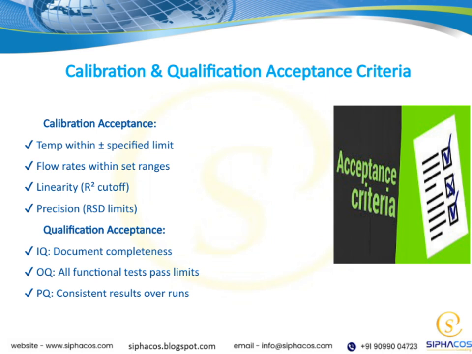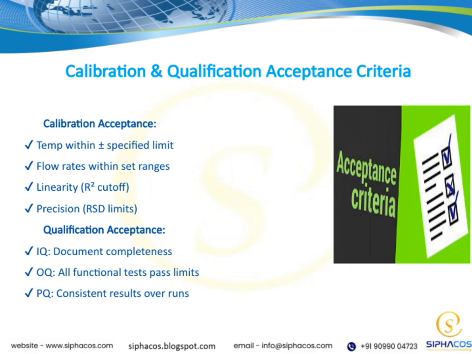Flow rates are also critical. They must remain within set ranges to guarantee proper operation. Linearity is another key point. Here, we're looking at the R2 cutoff to confirm that our measurements are proportional across the range. Precision is equally important, and we measure this using RSD limits to ensure our system's repeatability.